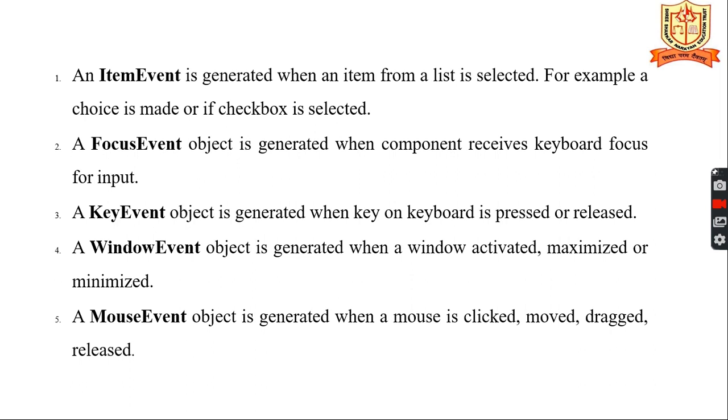A key event object is generated when a key on the keyboard is pressed or released. A window event object is generated when a window is activated, maximized or minimized. A mouse event object is generated when the mouse is clicked, moved, dragged and released.